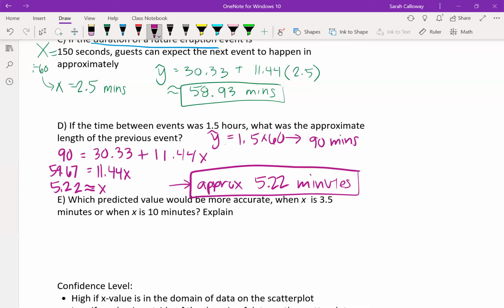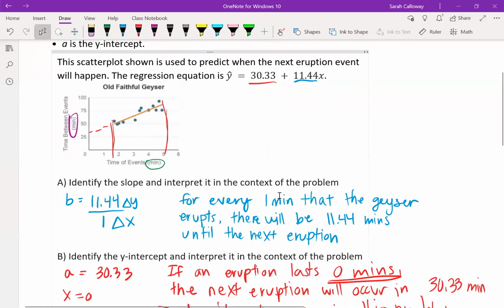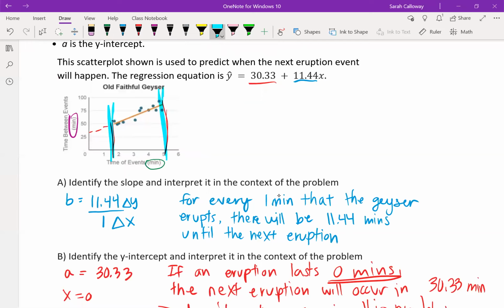Okay, so then the last thing they're asking us about is which predicted value would be more accurate: if x is 3.5 minutes or if x is 10 minutes. So let's go back and look at our data. Remember that our scatter plot goes from about 1.5 to 5.